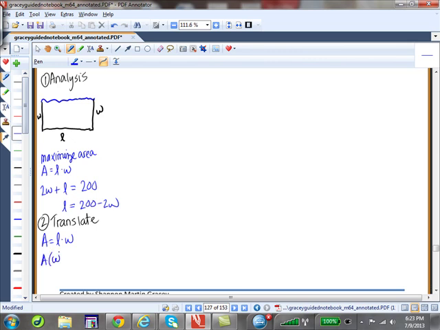Area in terms of width alone, since we had isolated L, is going to be that 200 minus 2W in for L, and then times W. So I had this for L, and this is what I plugged in for L. By the way, when you're in calculus, you're going to be using this a lot.